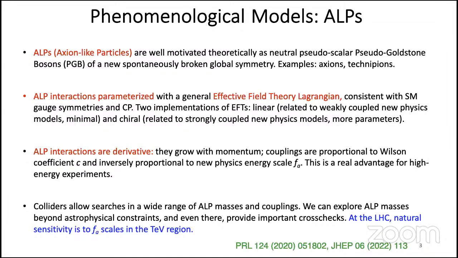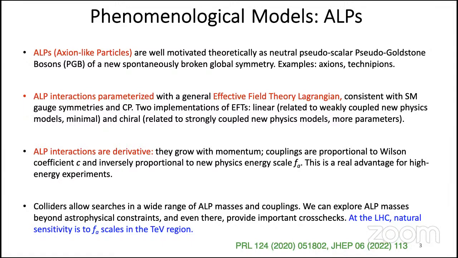And we find two implementations of this EFT Lagrangian. The linear version is related to weakly coupled new physics with minimal parameters in the Lagrangian, and the second version, the chiral version, is related to strongly coupled new physics models with more parameters in the Lagrangian.